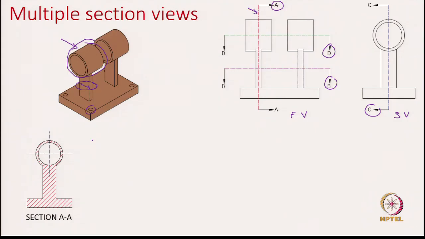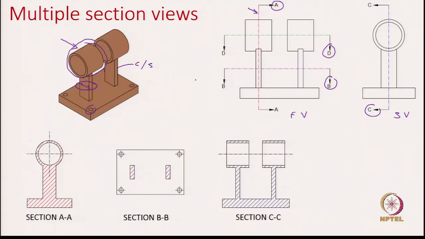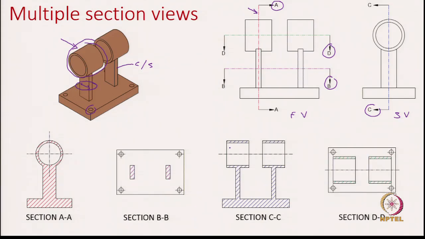Similarly, when we go to section BB, section BB will help you to see the cross section of these objects, and section CC, which is from the side view, will again show this circular rim, but at a different view. Okay. And lastly, the section DD.